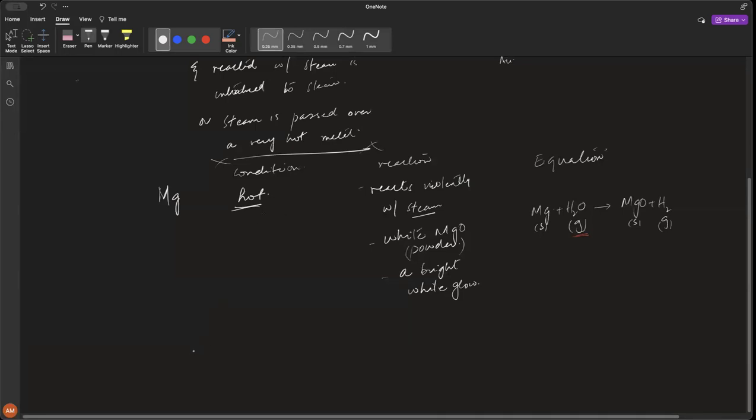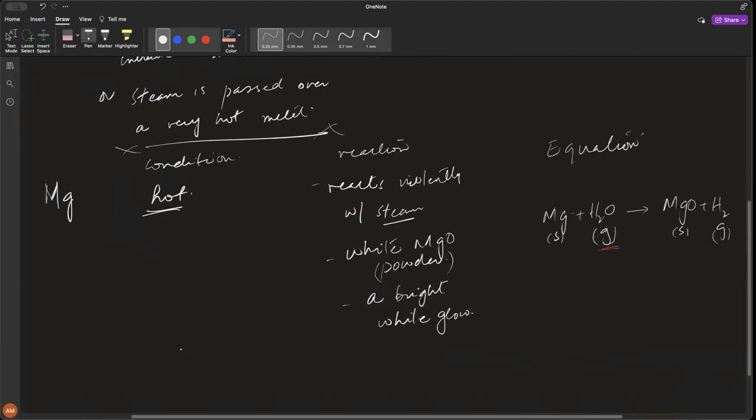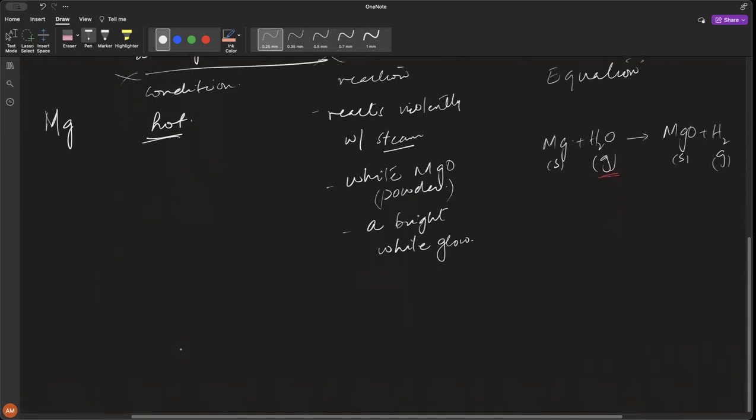All right. So, sorry, after magnesium is zinc. Zinc needs to be hot. We have understood that these metals below calcium, magnesium and zinc were not able to react with water at normal temperature, so we need to put some extra energy into them.